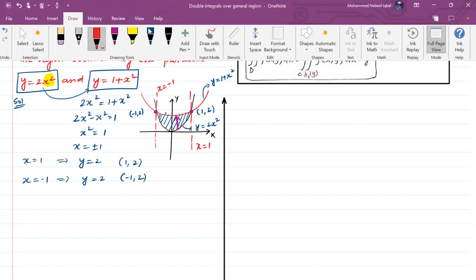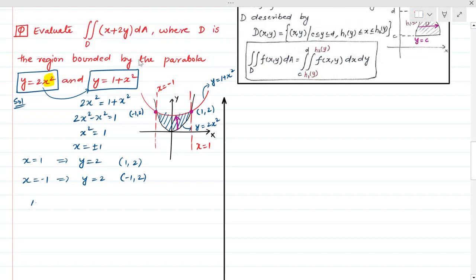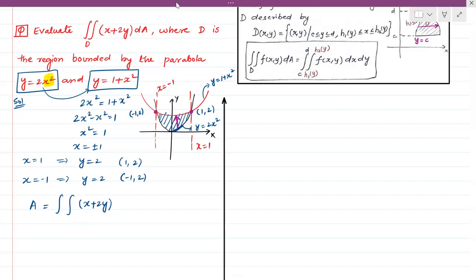So I write it here from the graph: the given area is given by the double integral of x plus 2y. What is the lower limit, what is this curve? This parabola is this one, and this parabola is this one.